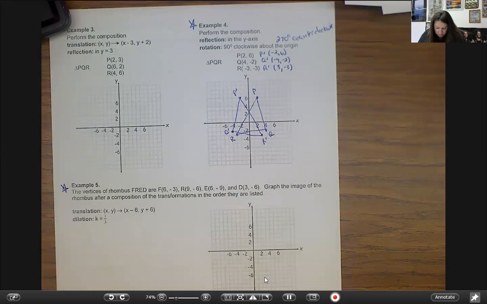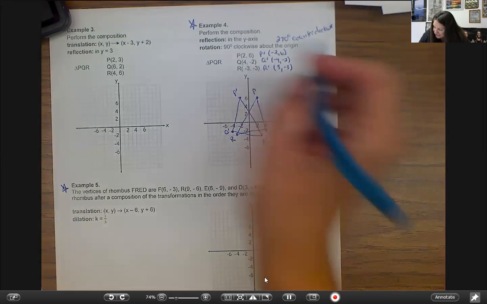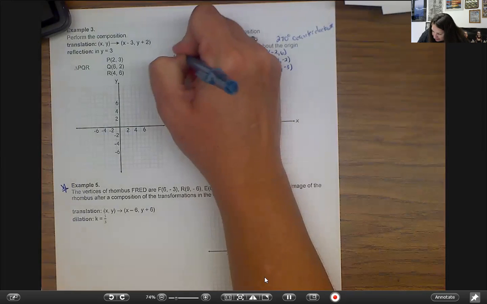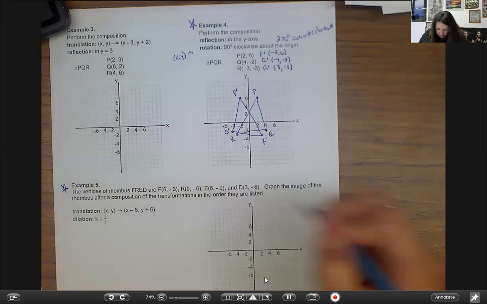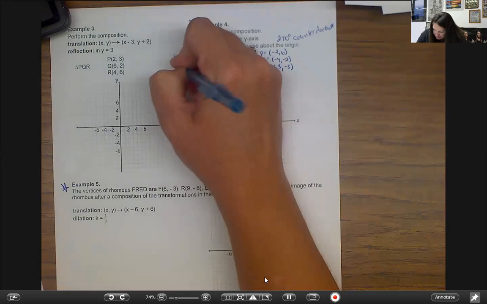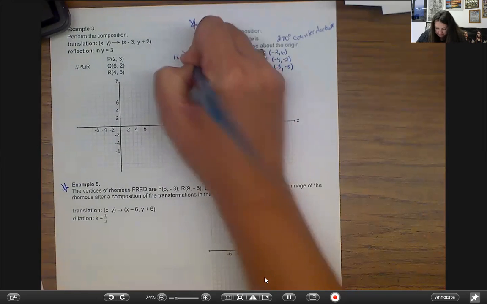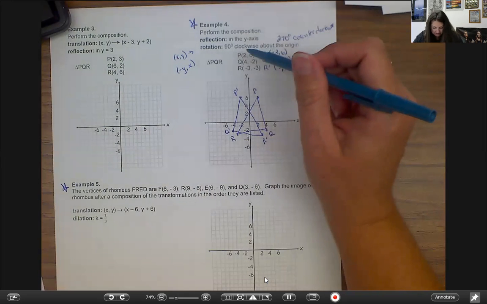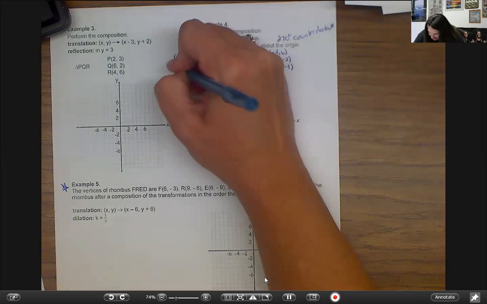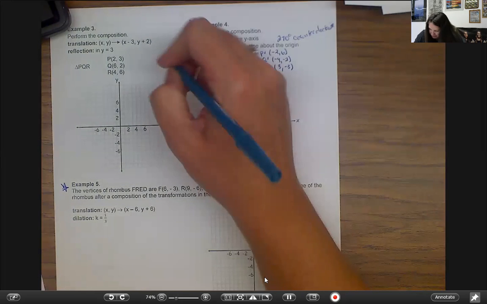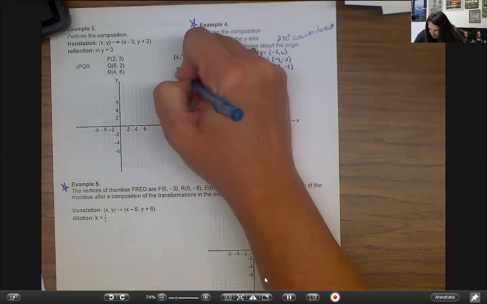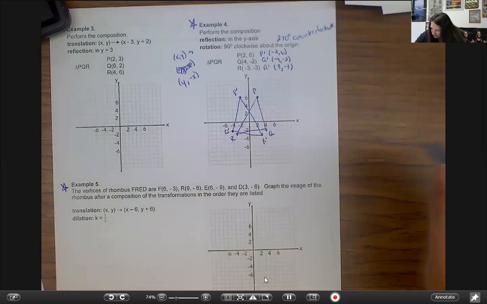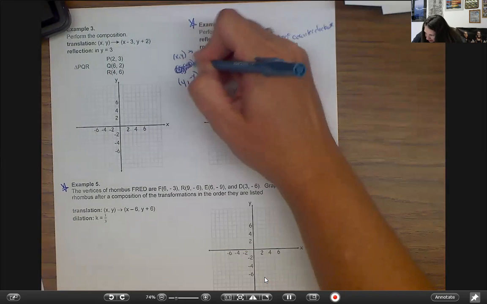My coordinate rule for my rotation is that x, y is going to rotate to -y, x. Whoops, sorry. 90 degrees clockwise is going to be y, -x. Sorry, I was going the wrong direction.